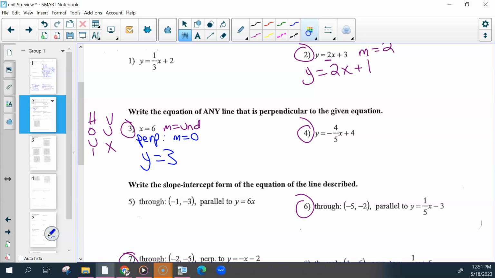Next one is also perpendicular. So this one gives us a slope. We're going to take it and flip it. If it's negative, make it positive, and vice versa. So what would our new slope be? 5/4. So we would use that y equals 5/4x. Give me a y-intercept. It could be the same, it could be different, doesn't matter.